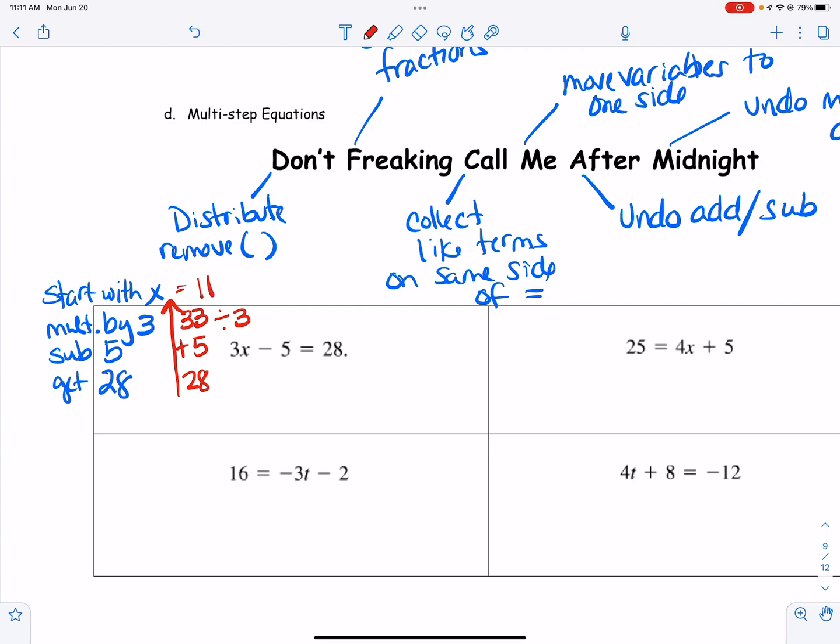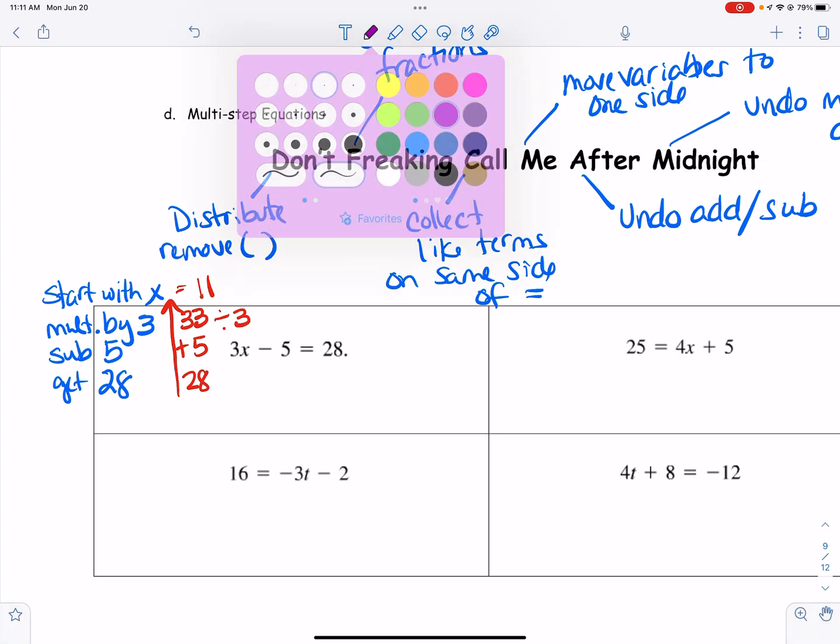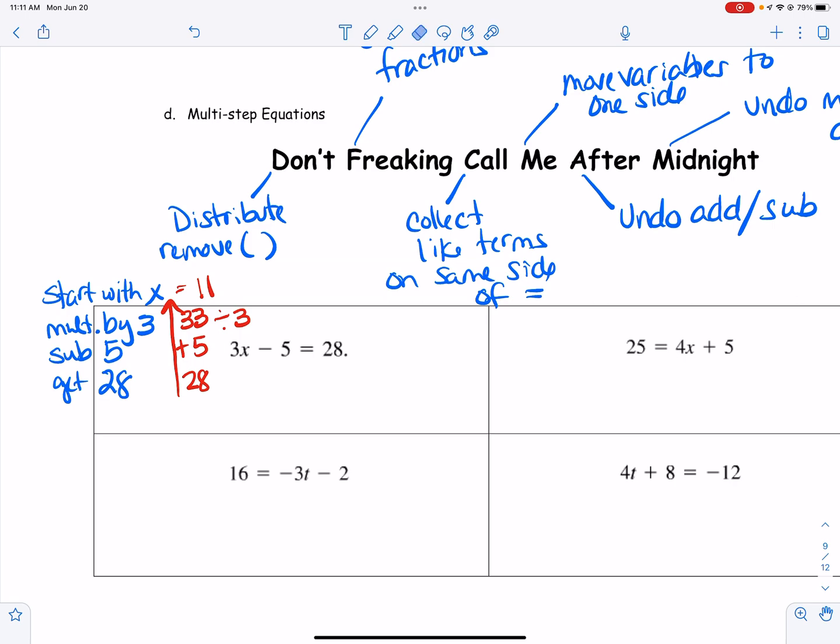But this is how it's going to look if I do it using my T table. So again, I kind of cover up that variable. I see what's happening outside the variable. That's what I undo first. So it says subtract 5, so I am going to add 5. And whatever I do to the left of the equal sign, I must also do to the right.